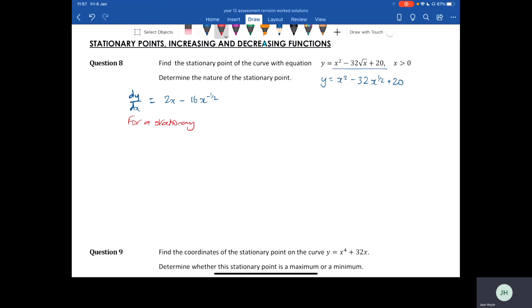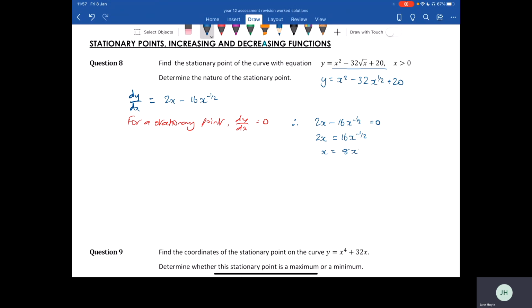Now, we know that for a stationary point, so this is for a max and a min, the gradient is equal to 0. So in particular, dy/dx is equal to 0. So that means that I've got 2x minus 16 x to the negative a half being equal to 0. So 2x, well, we could put that over there on that side, divide both sides by 2.